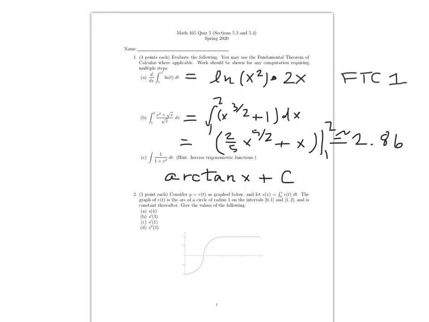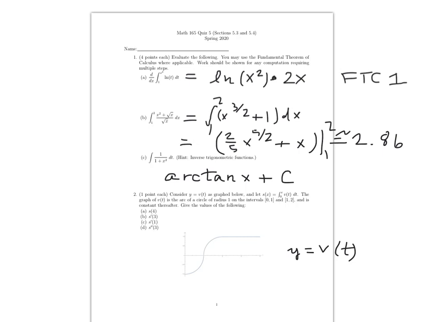Now, problem number 2, we're given a graph. So we're given this graph, y equals v of t. And we're asked to do some things with that graph. So the first thing we're supposed to do is compute s of 4. And s, you might notice from the statement of the problem, is the accumulated area function.